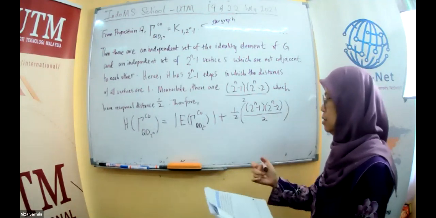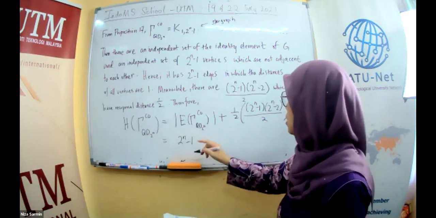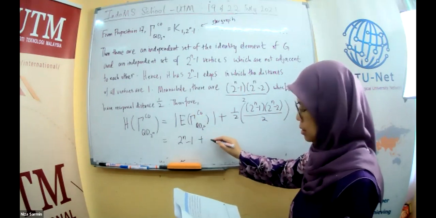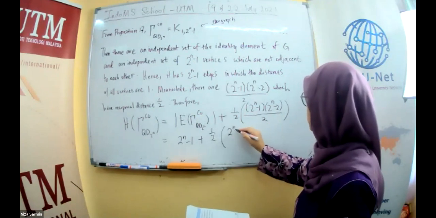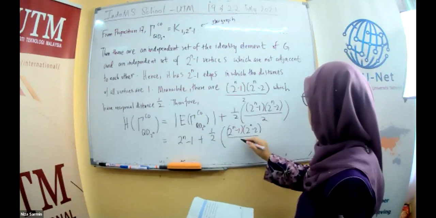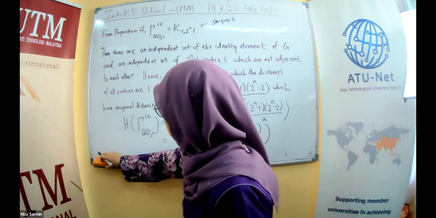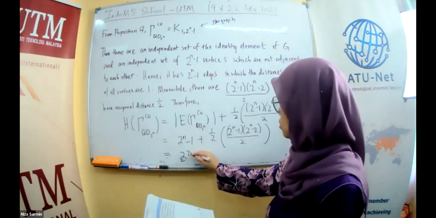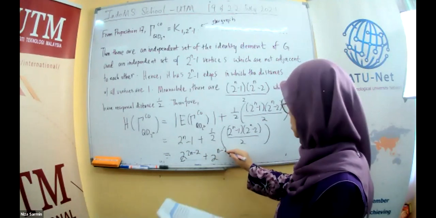So you can plug in, we have 2 to the n minus 1 for this number of edges plus 1/2 of this whole thing. And finally, simplify, then we get 2 to the 2n minus 2 plus 2 to the n minus 2 minus.